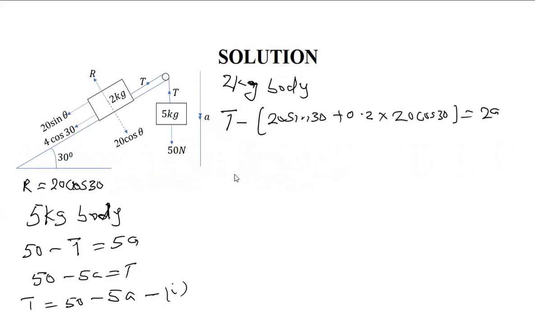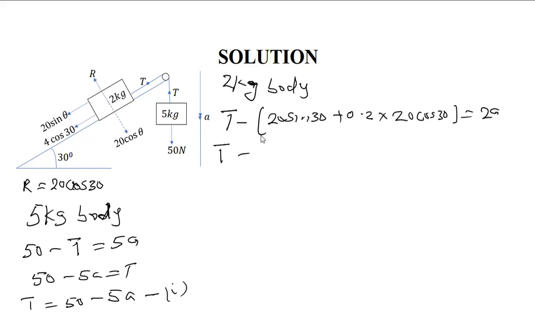So if we put that together, that will be T minus 20 sine 30 plus 0.2 times 20 cos 30.